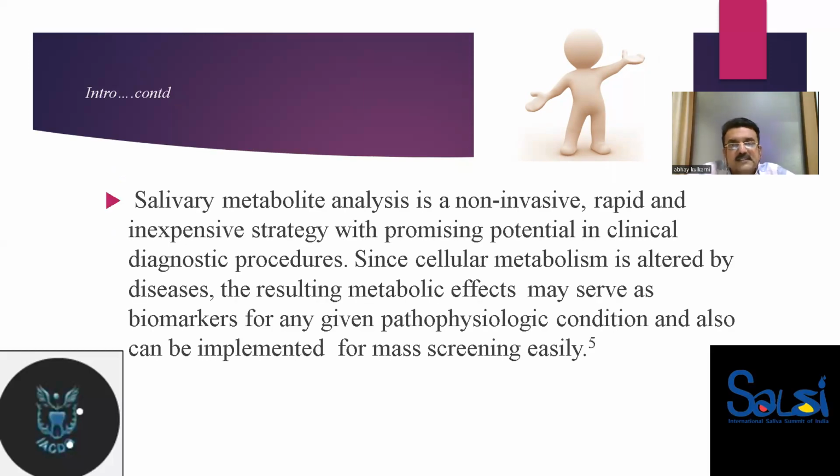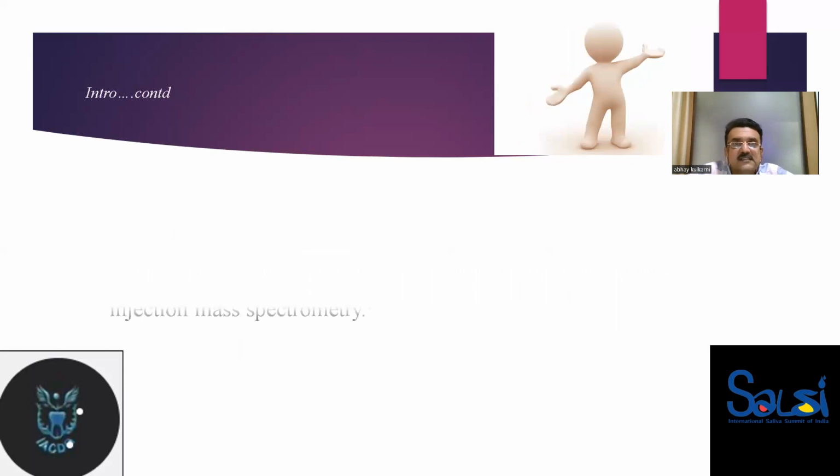Salivary metabolite analysis is a non-invasive, rapid, and inexpensive strategy with promising potential in clinical diagnostic procedures. Since cellular metabolism is altered by diseases, the resulting metabolic effects may serve as a biomarker for any given pathophysiologic condition and can also be implemented for mass screening easily.